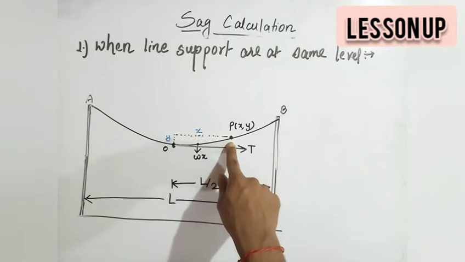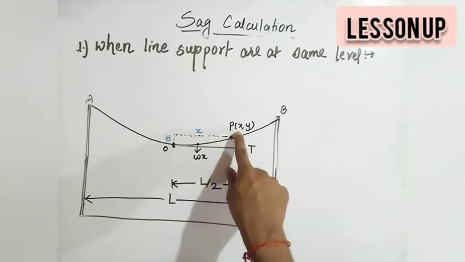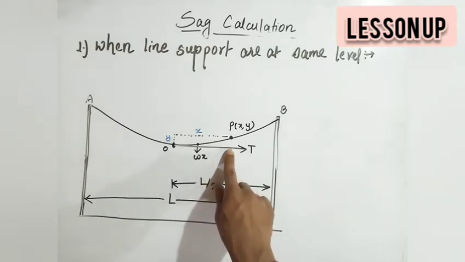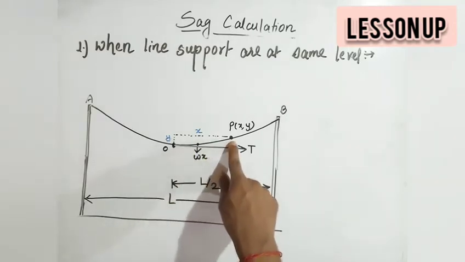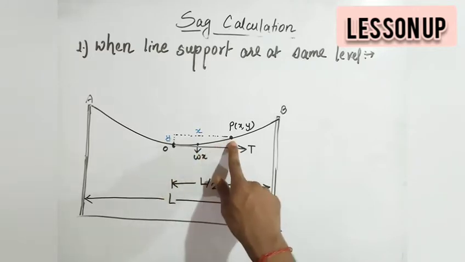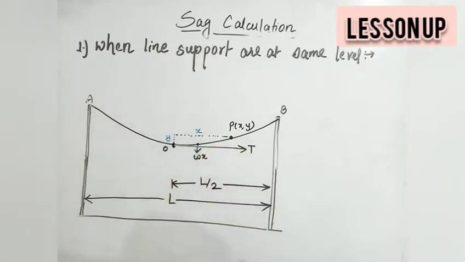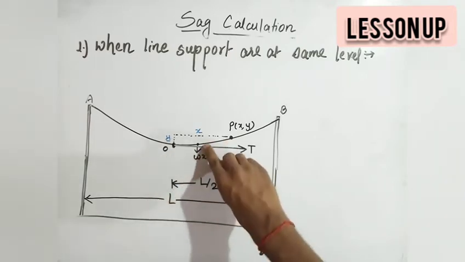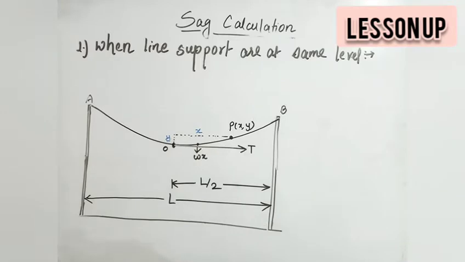So we will consider a linear point. Suppose we have considered a point P whose ordinates are x and y. Now we take this portion as linear. The total weight of this portion will act at the middle of the line, that is at x by 2.